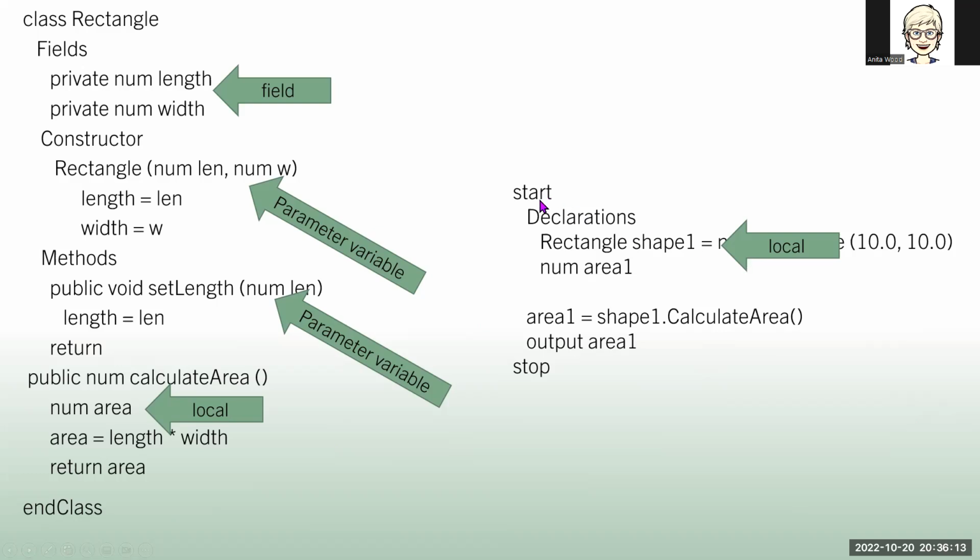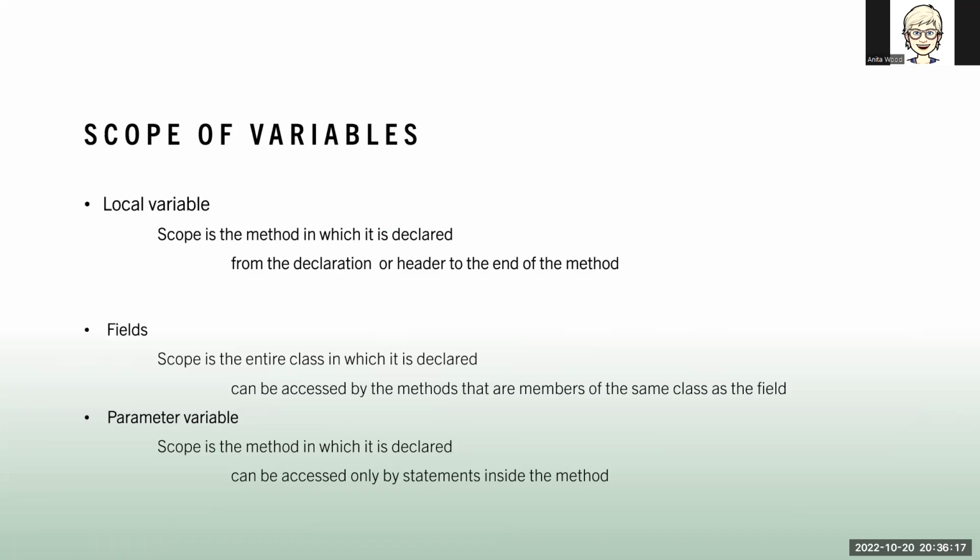They're local to the start and the stop. Let's go for it again. So local variables: the scope for a local variable is the method in which it's declared. So it starts at the header and goes all the way to the end.